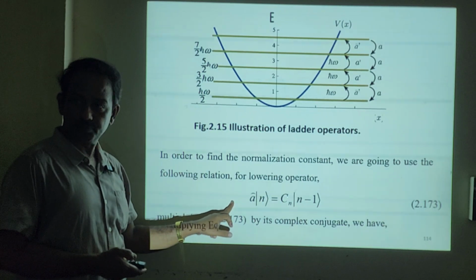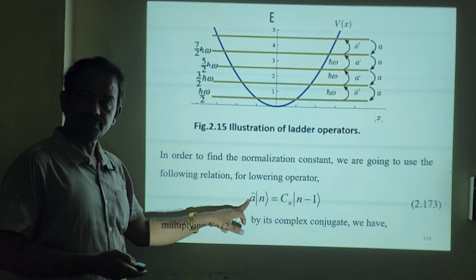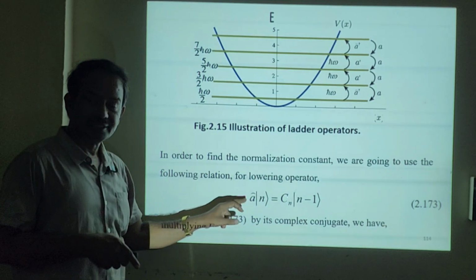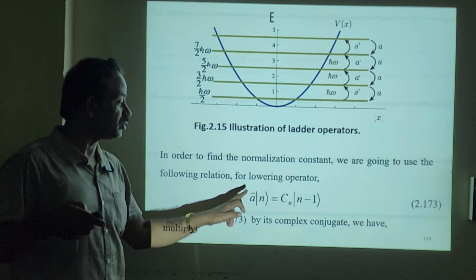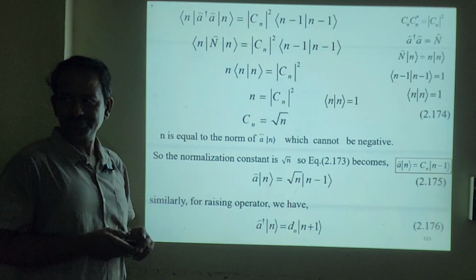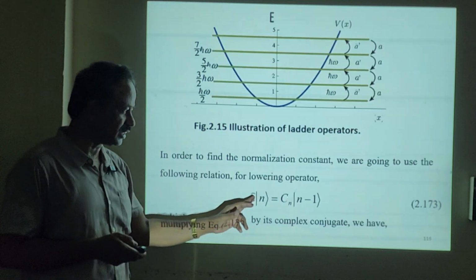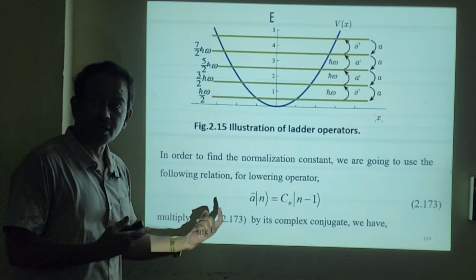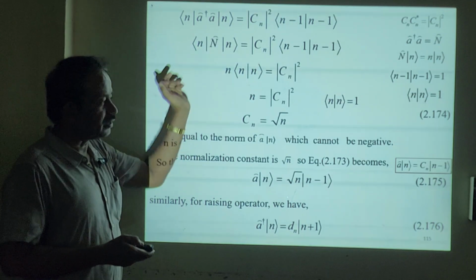This is an operator, so this will be the Hermitian conjugate. So a will become a dagger. Is it okay? We are just taking the bra on both sides. So that will give you bra n, a dagger a, ket n, on the left hand side.